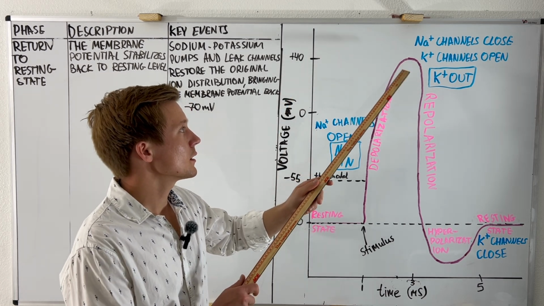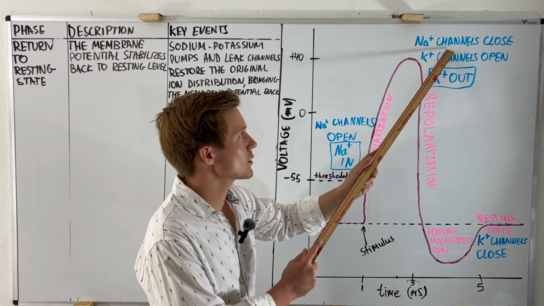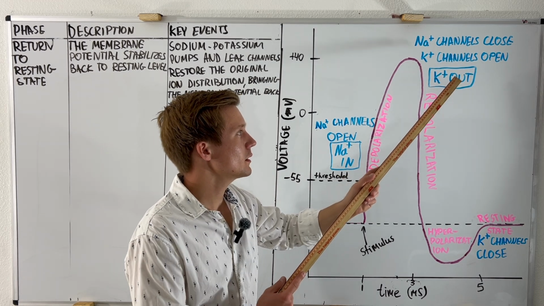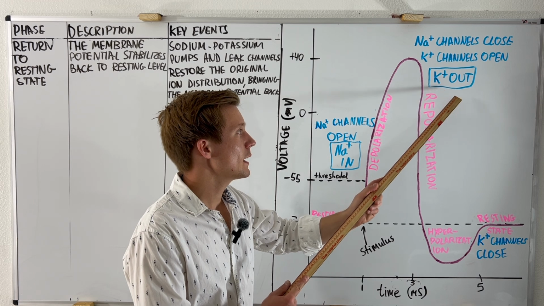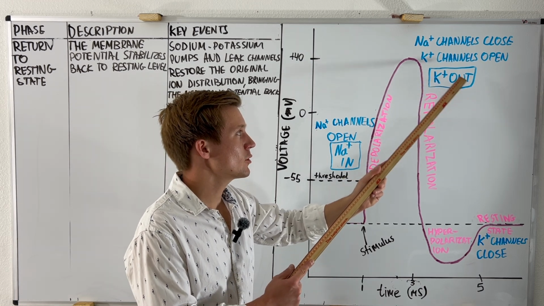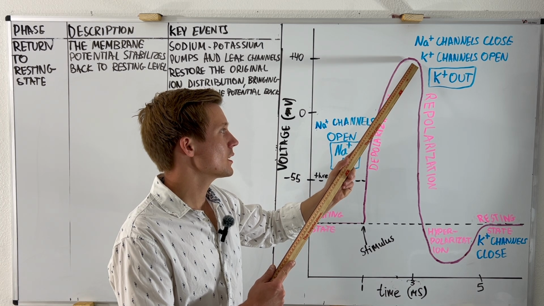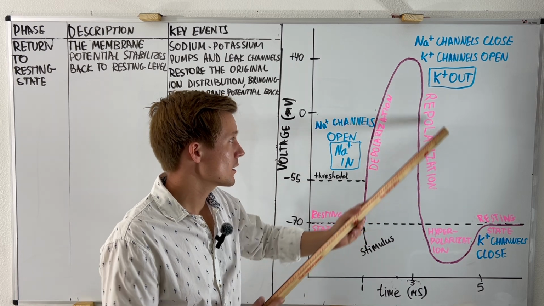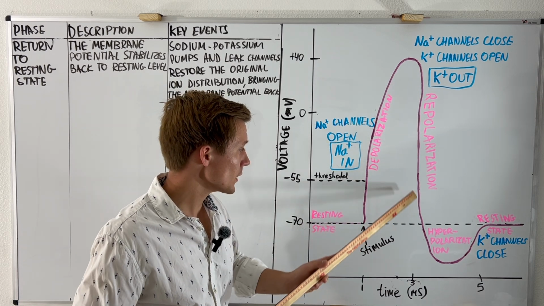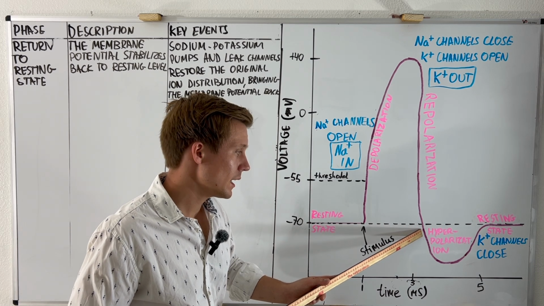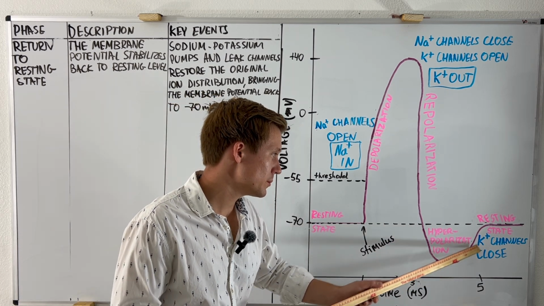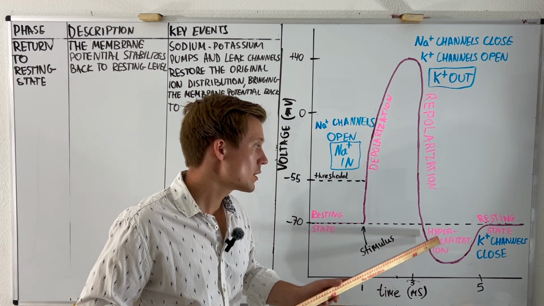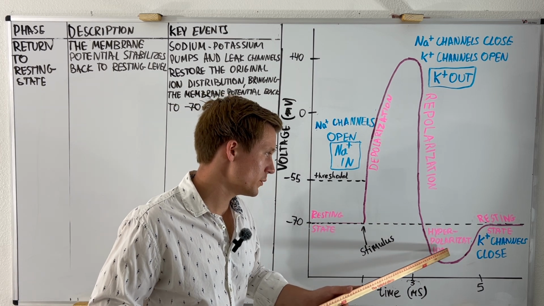The peak then is characterized by voltage-gated sodium channels closing, voltage-gated potassium channels opening, which allows potassium to exit the neuron. As the potassium exits the neuron, the membrane potential will start to become more negative again, characterized as repolarization, until it hits the -70 mark and then temporarily dips below the -70 mark in a stage known as hyperpolarization, where this is also considered as the overshoot.